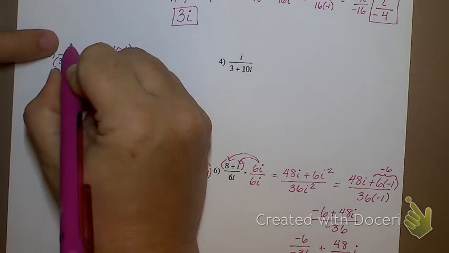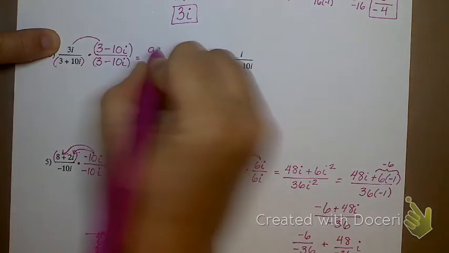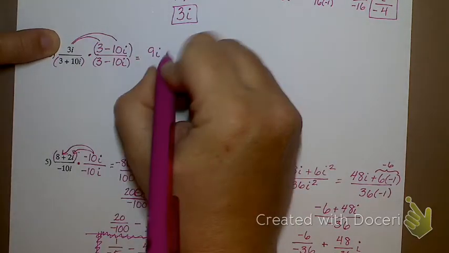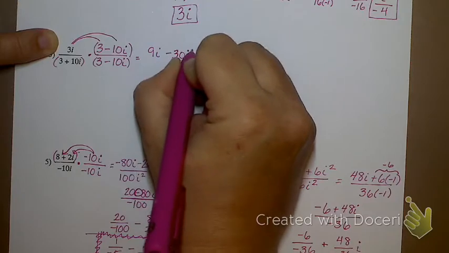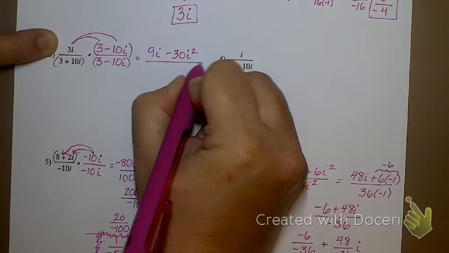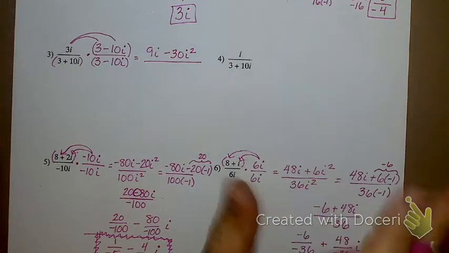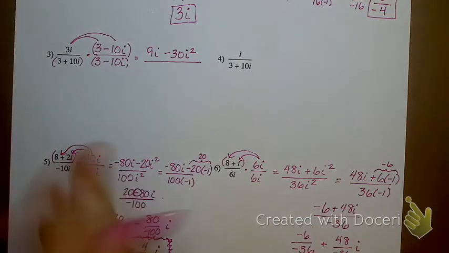On the top, 3i times 3 would be what? 9i. And 3i times negative 10i? Negative 30i squared. I'm just going to finish the top as far as it'll go, then I'll go to the bottom.